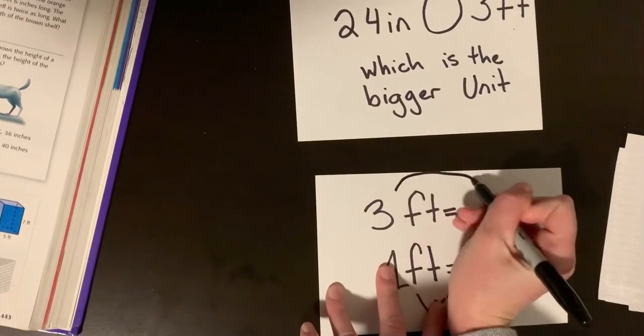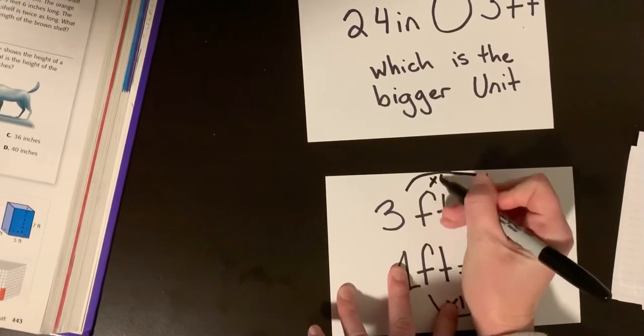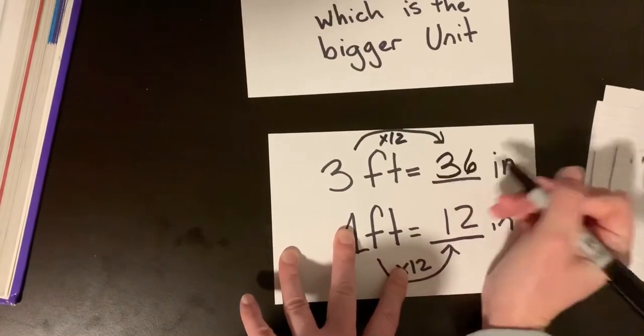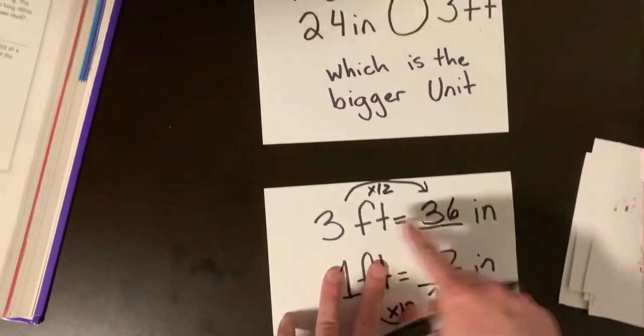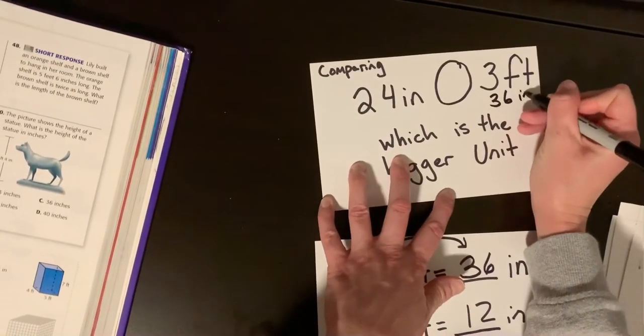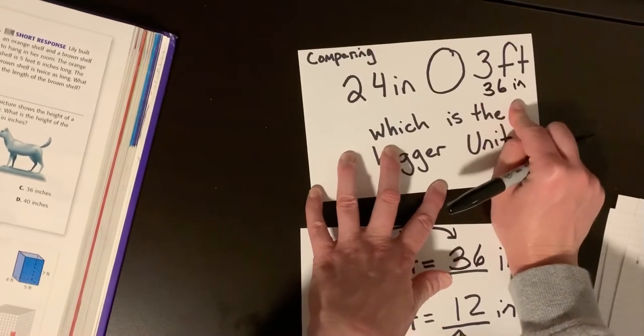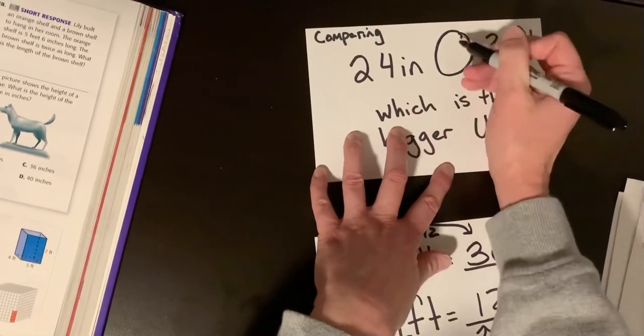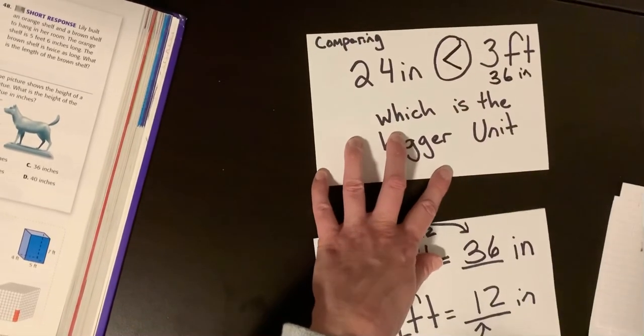So I multiply over here times 12. 3 times 12 is 36. So I know that 3 feet is also 36 inches. So over here, I write underneath 3 feet also 36 inches. Obviously 36 inches is larger than 24 inches, and therefore that is larger.